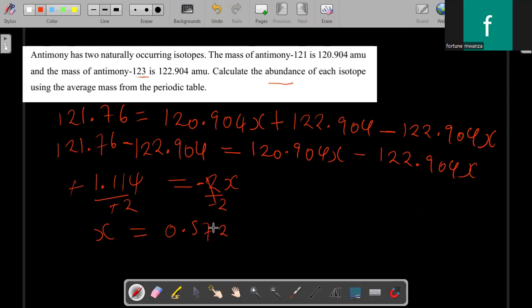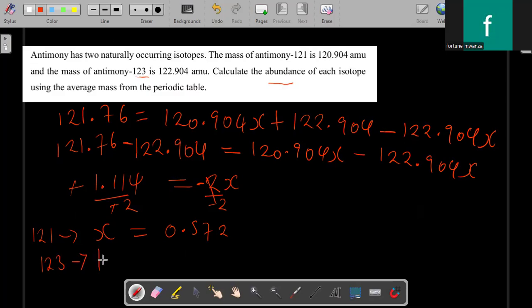So now this ratio, the 0.572, is for my isotope 121. Remember, we've let this isotope 121 be x. So this ratio is only for isotope 121. For isotope 123, what do we do?